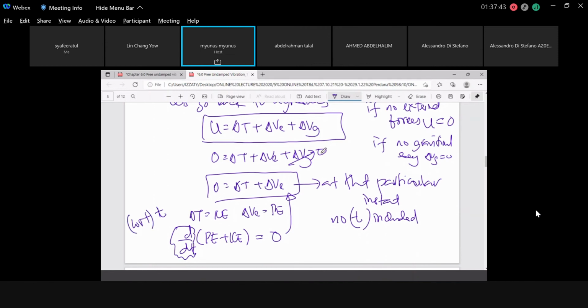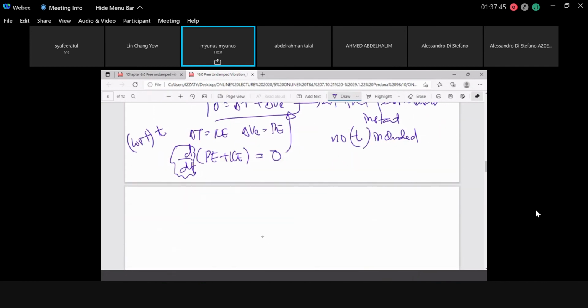Okay. When you understand this one, then we move on. Now you have d by dt of (PE plus KE) equal to 0. So what is PE basically? The potential elastic energy.